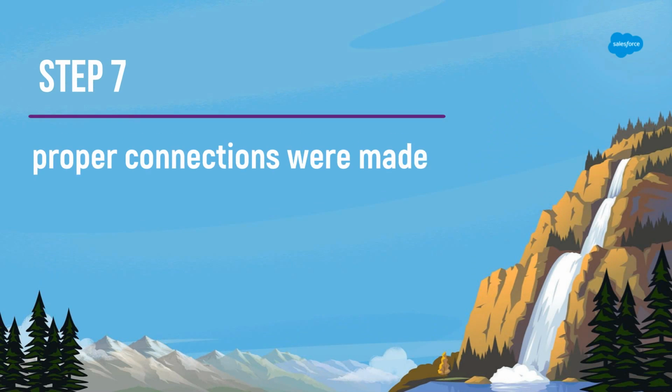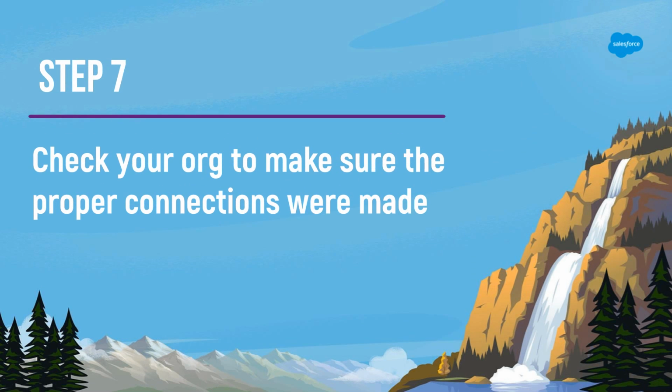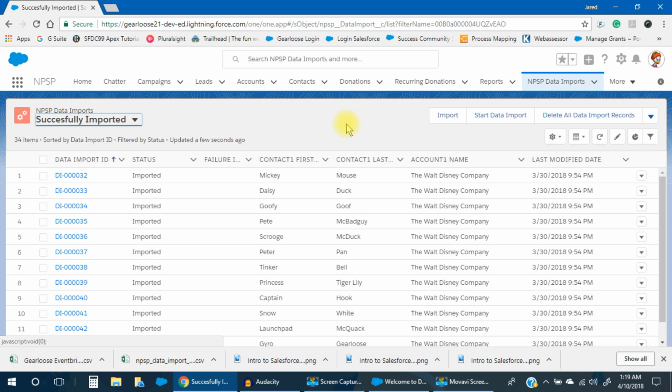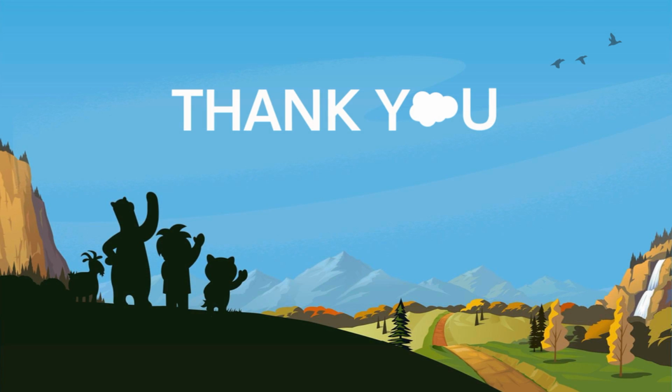Alright, and that leads us to our final step, step number 7, which is just simply checking your data. Import your data. You can just go into your org, type in a few contacts or accounts, and check to make sure that all of the relationships were properly added, the accounts and the contacts and the donations. And after that, you can just check to make sure there weren't any duplicates, and you are good to go.